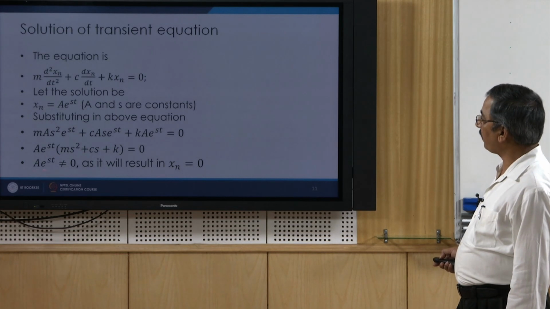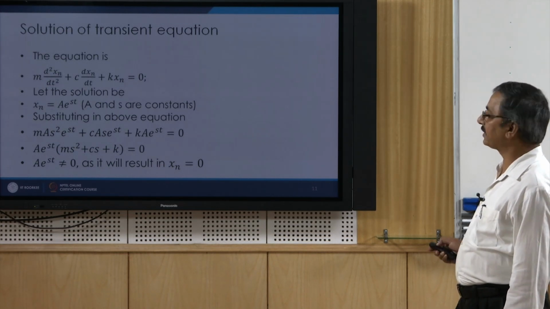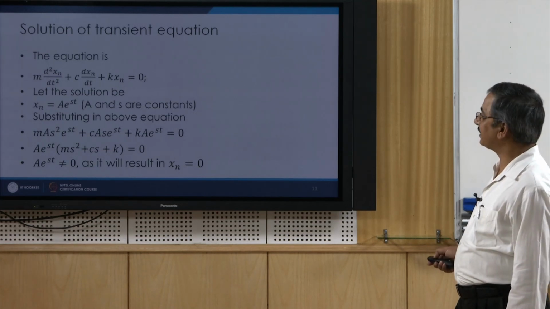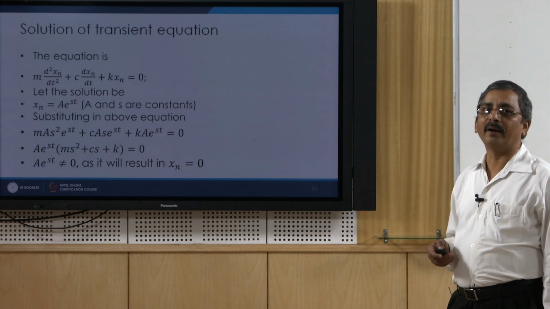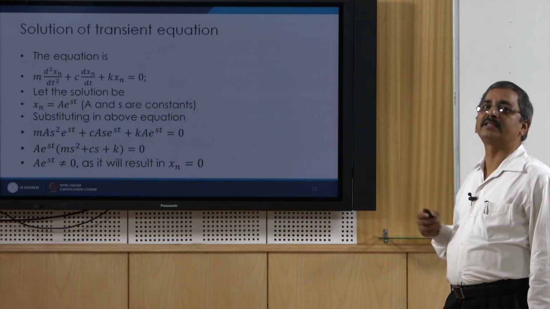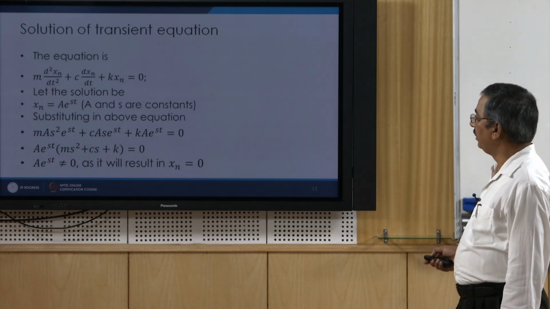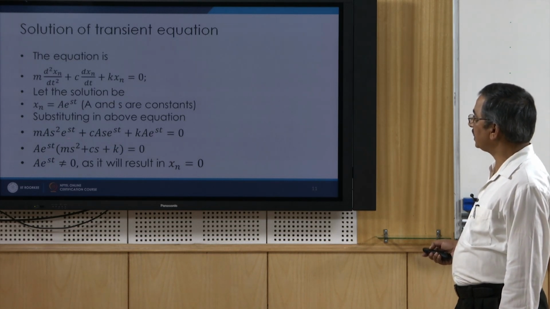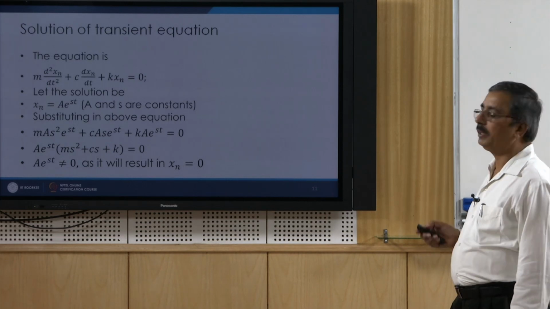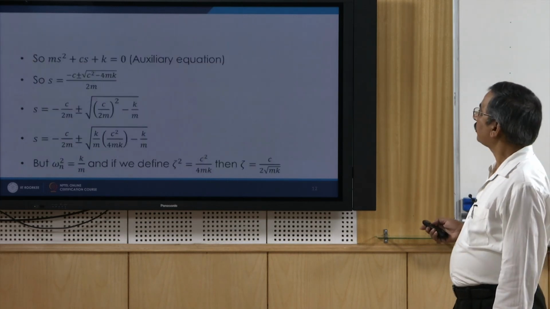This term cannot be equal to 0 because we have already assumed this as equal to xn, and if we take this term to be equal to 0, then our transient response itself will become 0. So, I do not want to take this term equal to 0. So, this means that this term will be equal to 0.